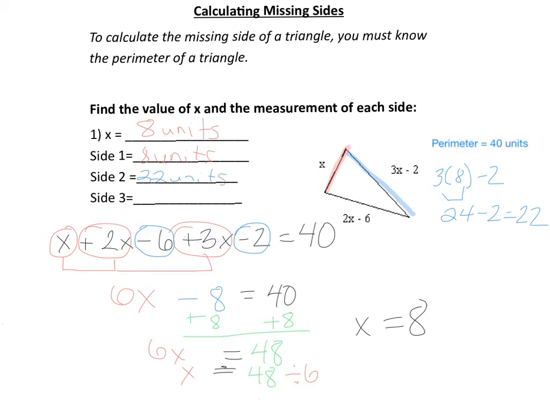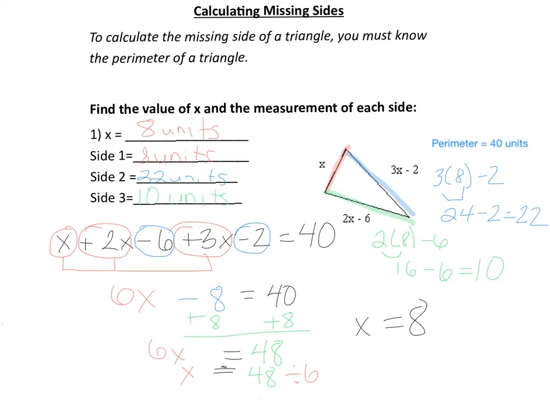Order doesn't matter; you can fill these in any order. The only one that matters is that x has to be 8 units. The last side is 2x, which is 2 times 8, minus 6. 2 times 8 is 16, minus 6 equals 10. So our third side is 10 units.